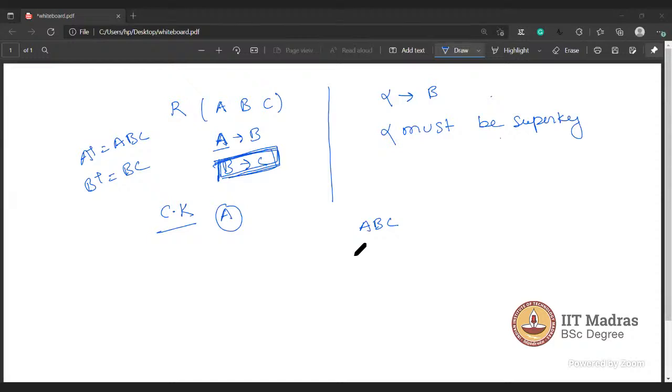Okay. Subhendu, can you write AC are the candidate key? So what is the condition of the third normal form? That alpha should be a super key, right?